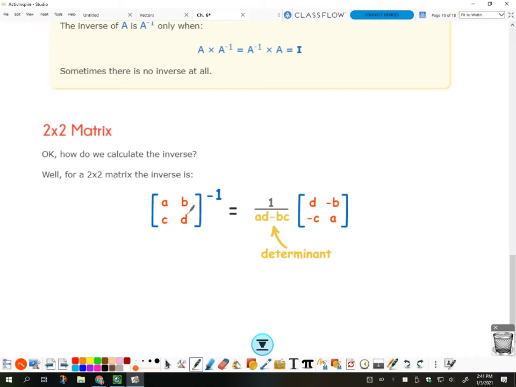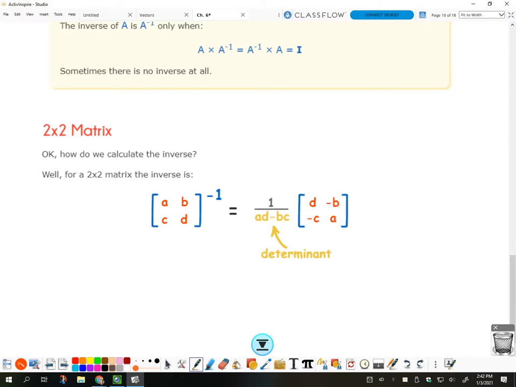If you're given this matrix, to find its inverse, you first rearrange the pieces. This diagonal switches, this diagonal changes signs. And then you multiply these minus multiply these to get the denominator for that multiplier on the outside. This is called the determinant, but we'll talk about that in the next lesson.